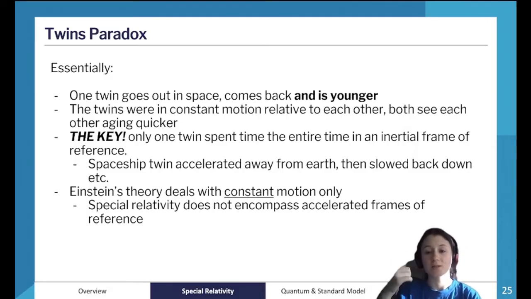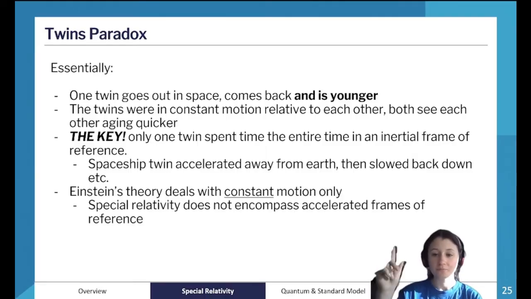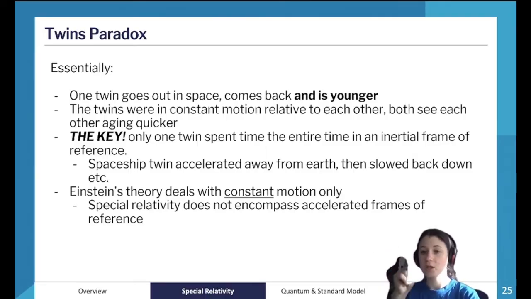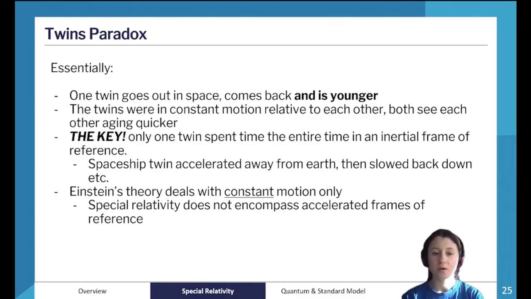He then gets to the planet and accelerates by turning around. Remember, even if you maintain a constant speed, if you change direction, that also constitutes changing velocity and accelerating. And then coming back and slowing down to land on Earth. So, Einstein's theory deals with constant motion only. Special relativity does not encompass accelerated frames of reference. So this is why this happens.